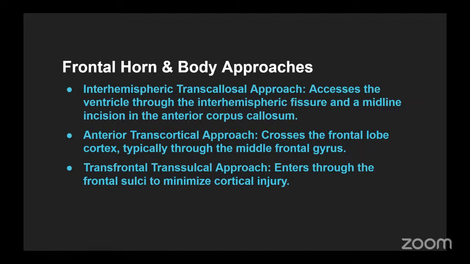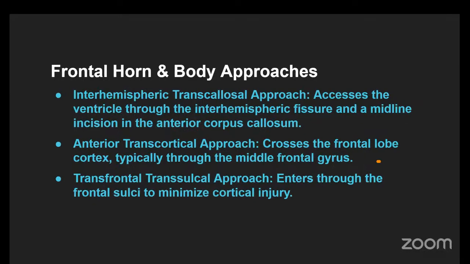Apart from that, the anterior transcortical approach is an option, mainly via the middle frontal gyrus. And then there is the transfrontal transsulcal approach. What do I mean by transfrontal transsulcal? This is a gyrus. This one is a sulcus. This is a gyrus. And this one is a sulcus again. You get the gist, so on and so forth.